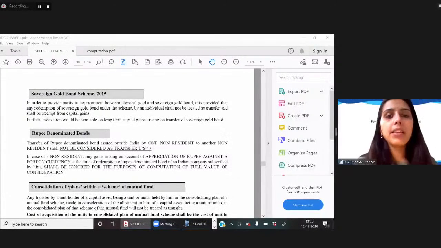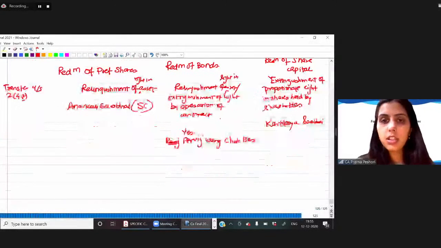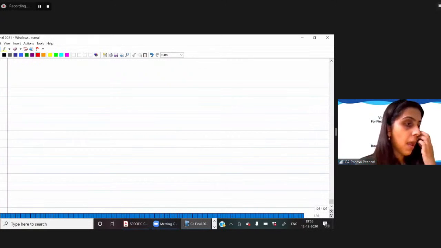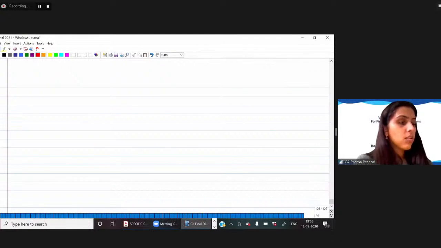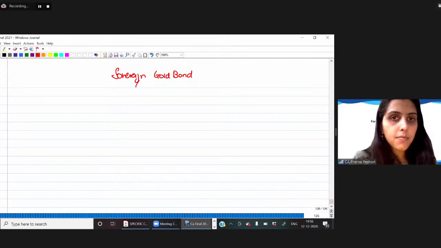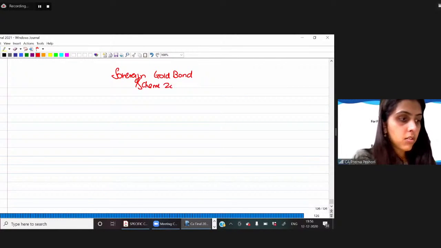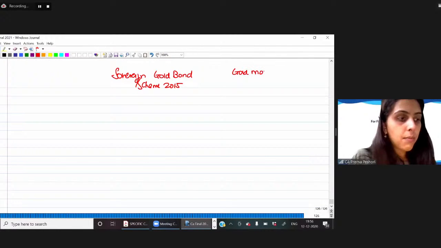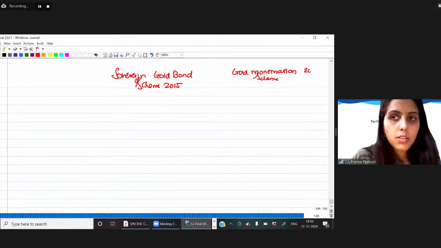But there is another scheme of government. I'll tell you. There are two schemes: the sovereign gold bond scheme 2015, and then there is the gold monetization scheme 2015.